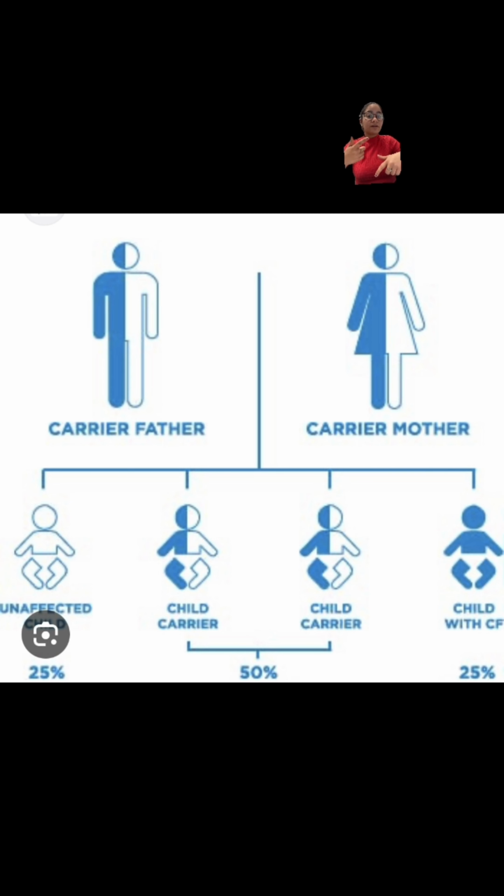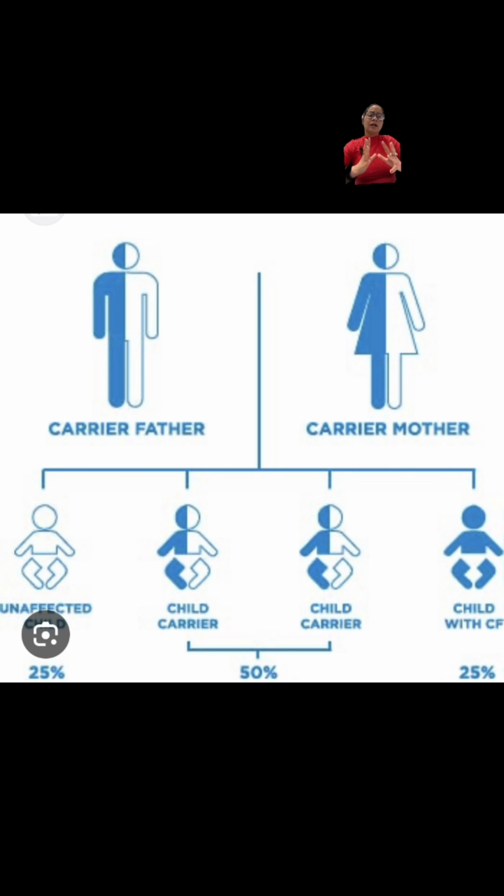Sometimes in the NCLEX there can be a scenario where a father is carrying this gene and the mother is carrying the CFTR gene. How will you educate the parents about the probability of the child getting the cystic fibrosis gene? Same thing here: there is a 50% chance that the child will be a carrier of the cystic fibrosis gene.